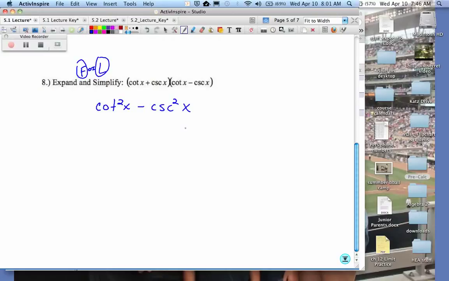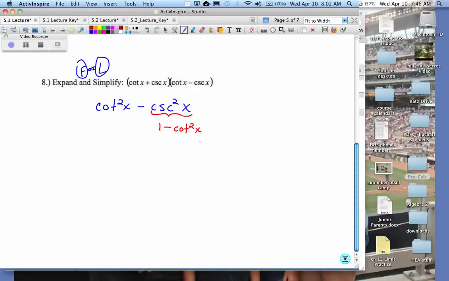Now, go to the page if you need to, but there's a Pythagorean theorem that says 1 plus cotangent squared is equal to cosecant squared. So you're going to go like this. Instead of this, we're going to write 1 minus cotangent squared of x, right?